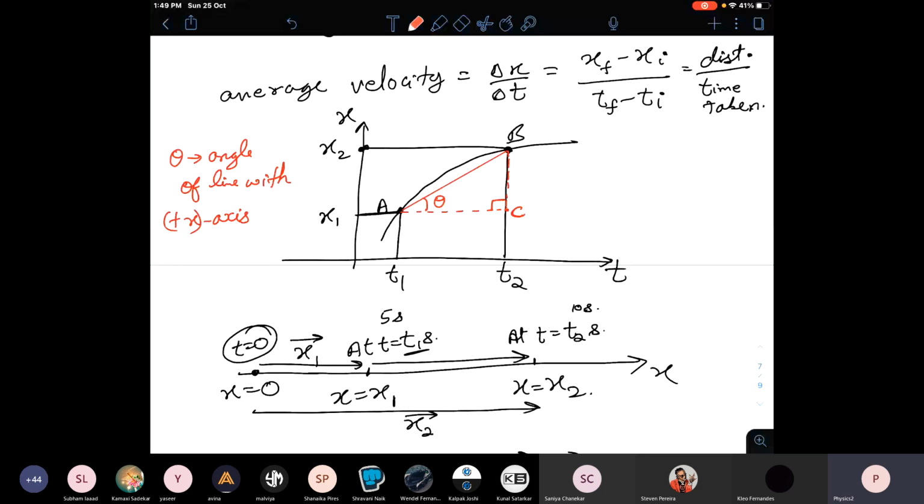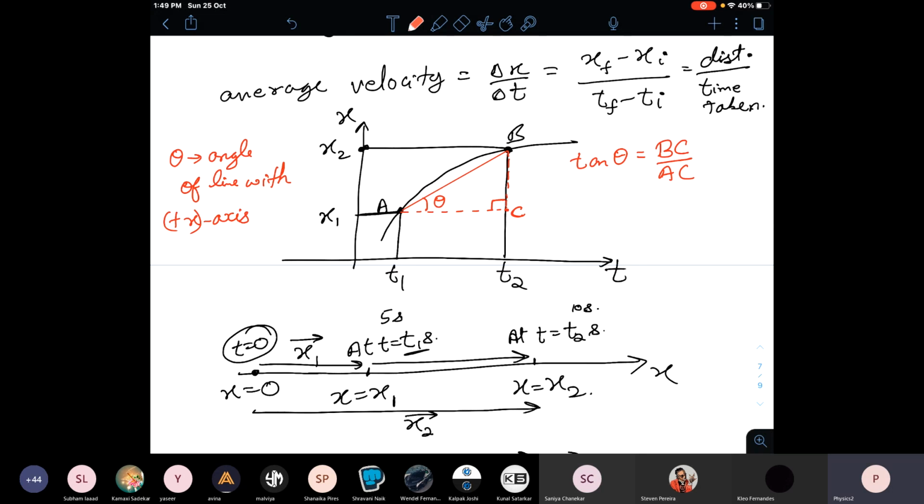Now if someone asks you what is the value of tan theta in terms of A, B and C, what will you write? You will write BC upon AC. This will be tan theta.